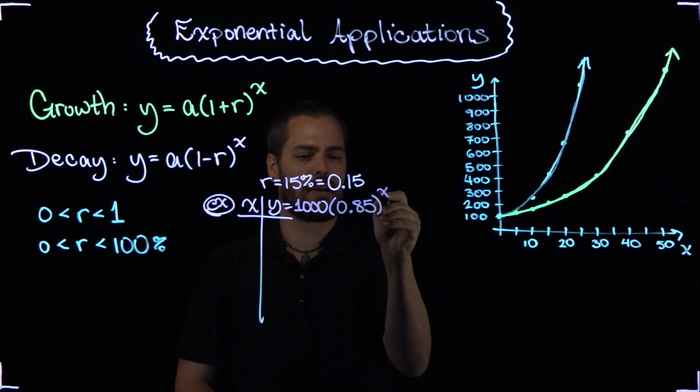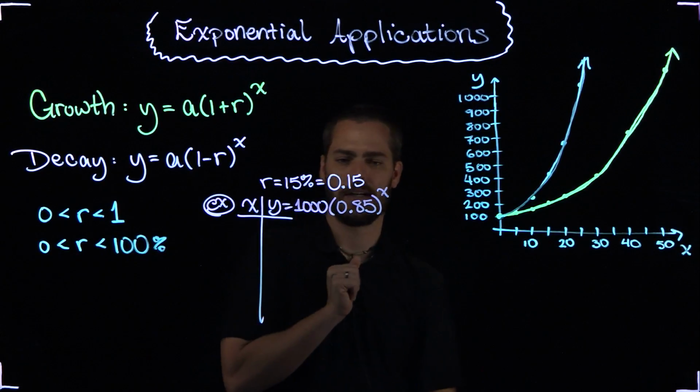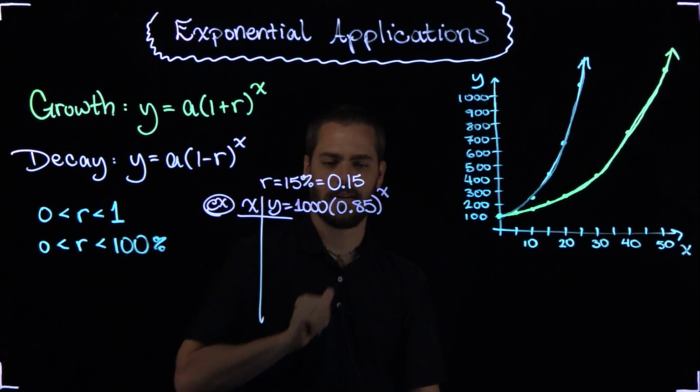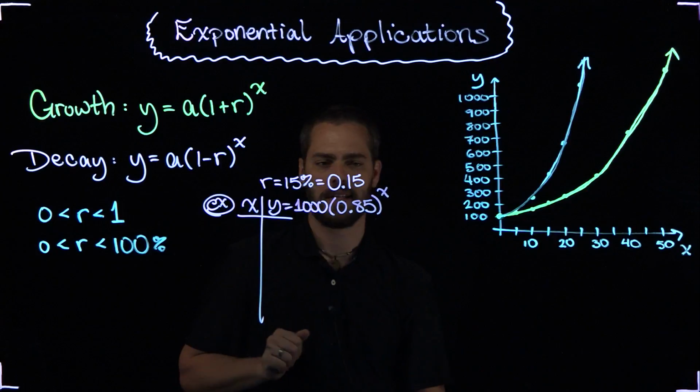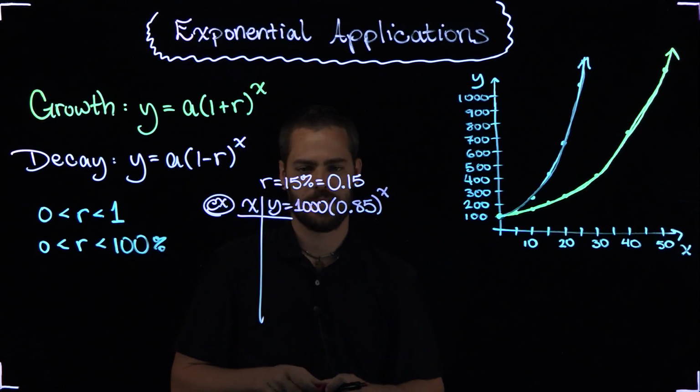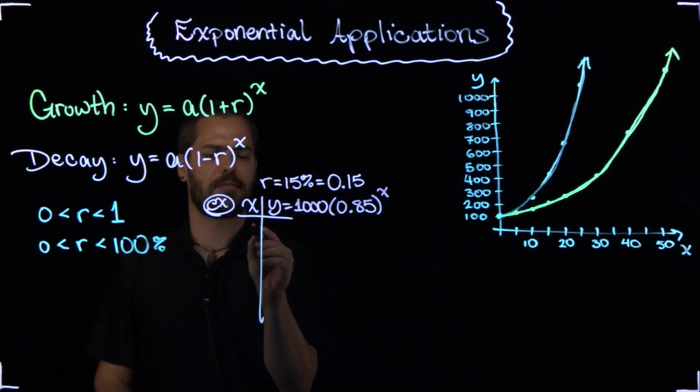And this is to the x power. Notice that this number in here is less than 1. It's between 0 and 1. It's a fraction represented as a decimal. But this fits our previous definition of decay when x is positive and has positive values. So let's take some positive values.